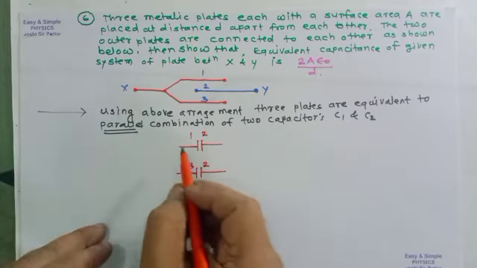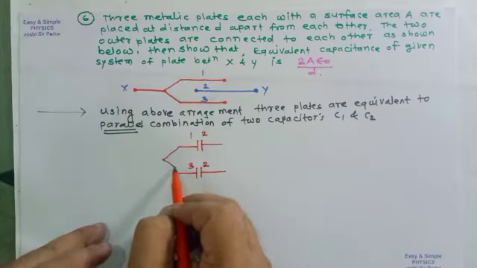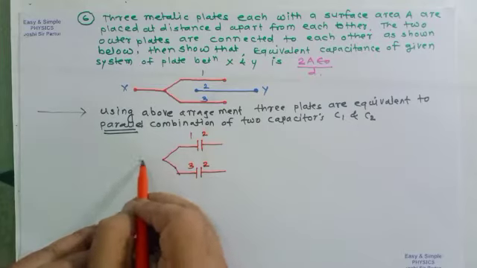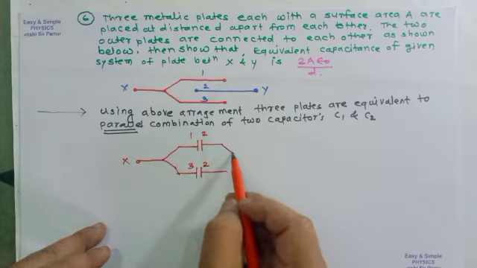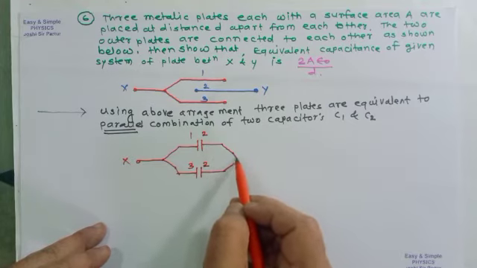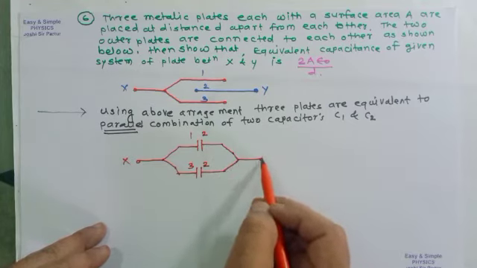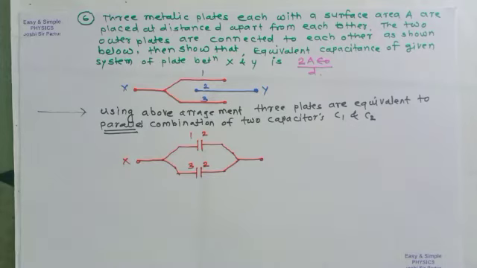Means plates 1 and 3 will be connected across X, and plate number 2 will be connected across Y.